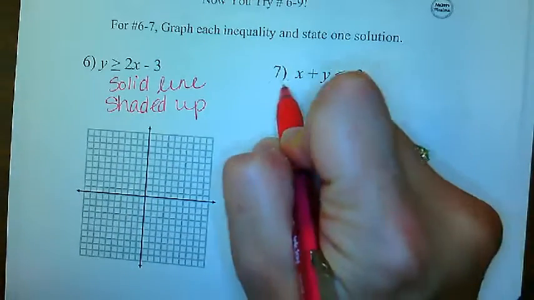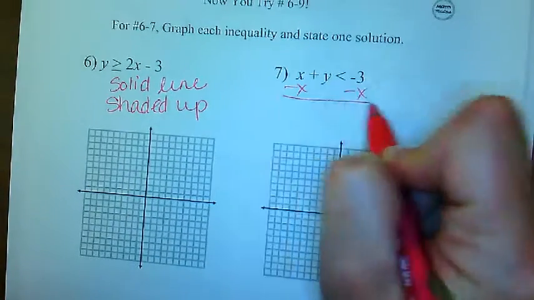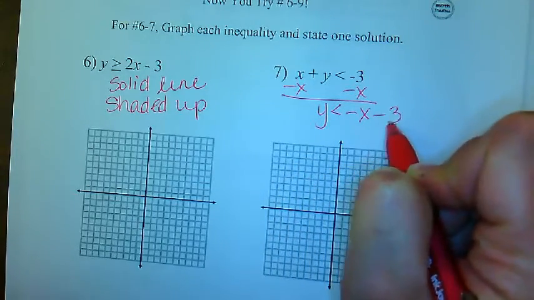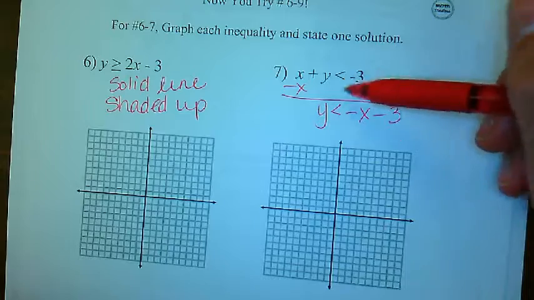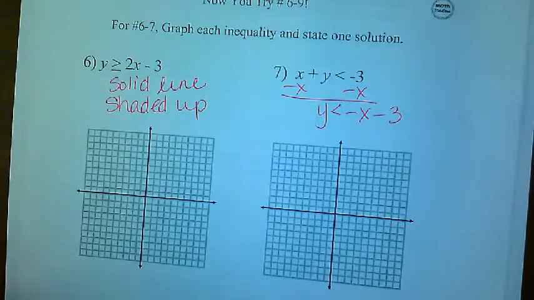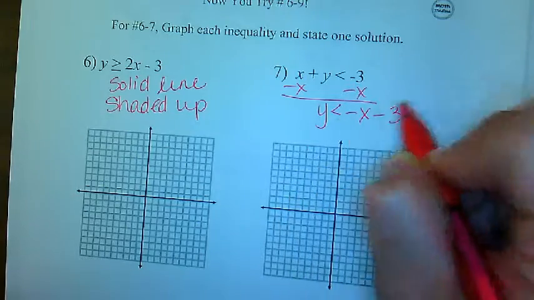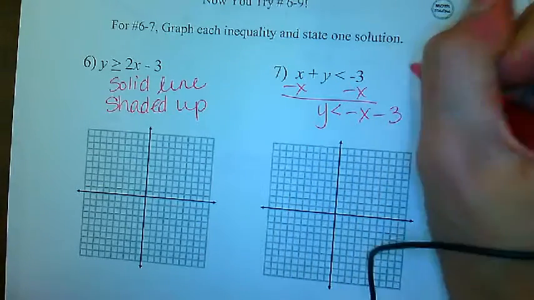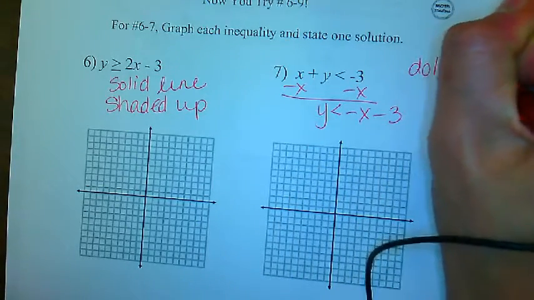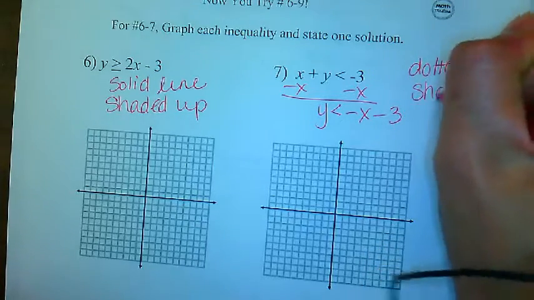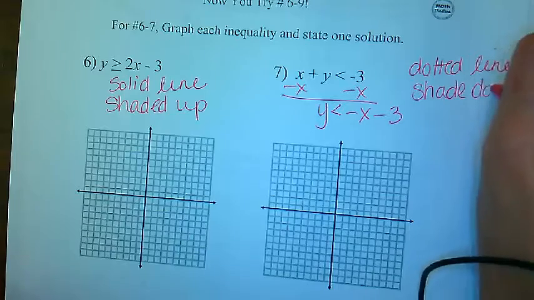For this one, this requires a little bit of math, nothing too crazy. Okay, remember the only way that we reverse this is if we divide or multiply by a negative. Okay? So this one is a less than, okay? So it is a dotted line, and it will shade down.